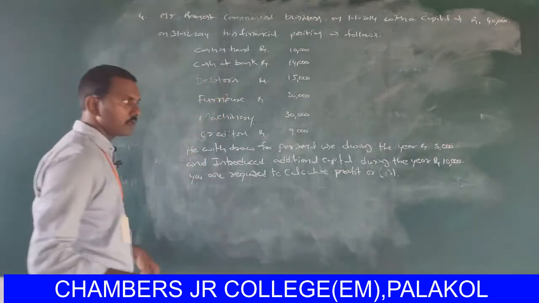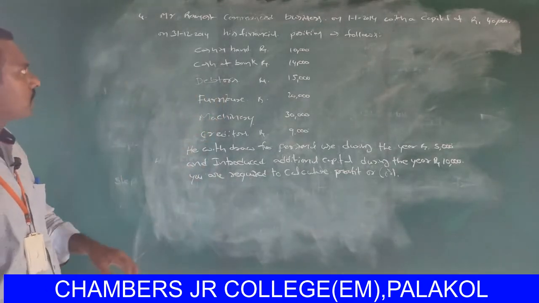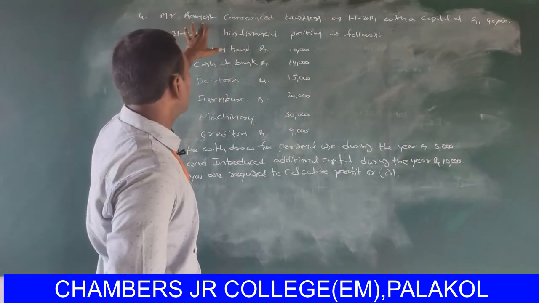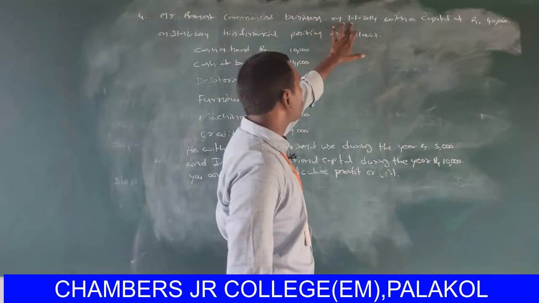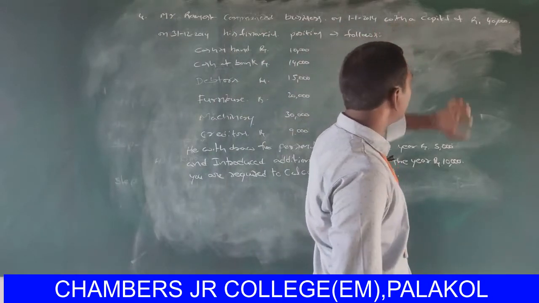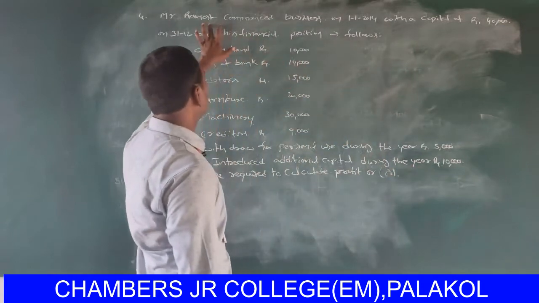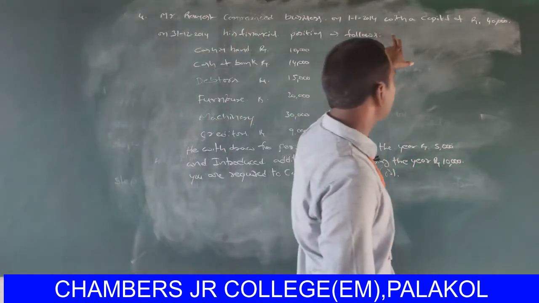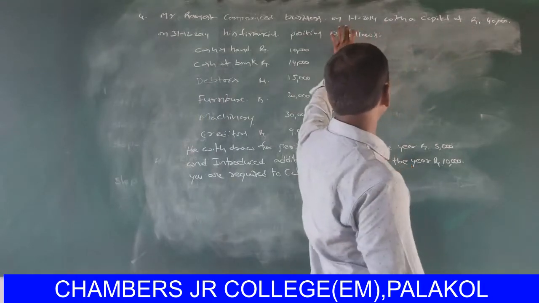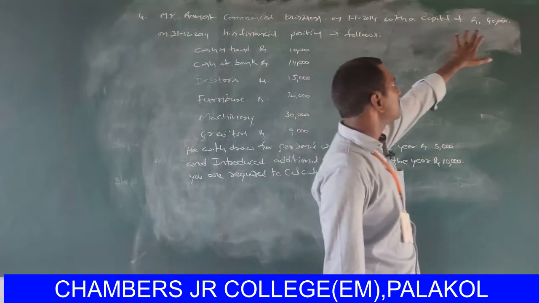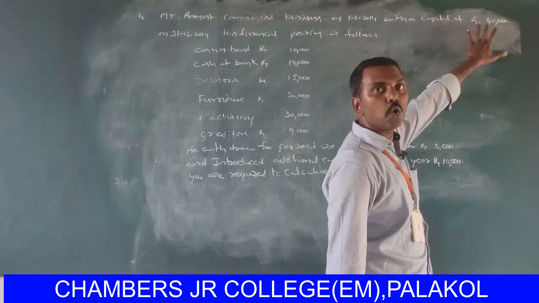First of all, we find out closing capital. Mr. Ramesh commenced business on 1/1/2014 with a capital of rupees 40,000. 1/1/2014 means the starting of the year, so this 40,000 is opening capital.